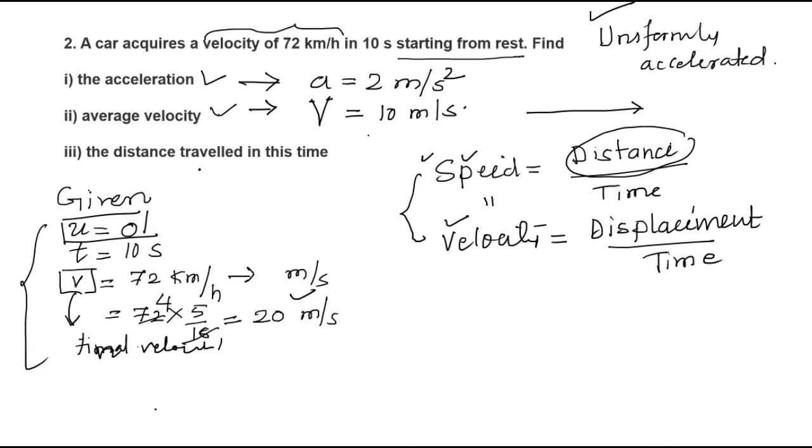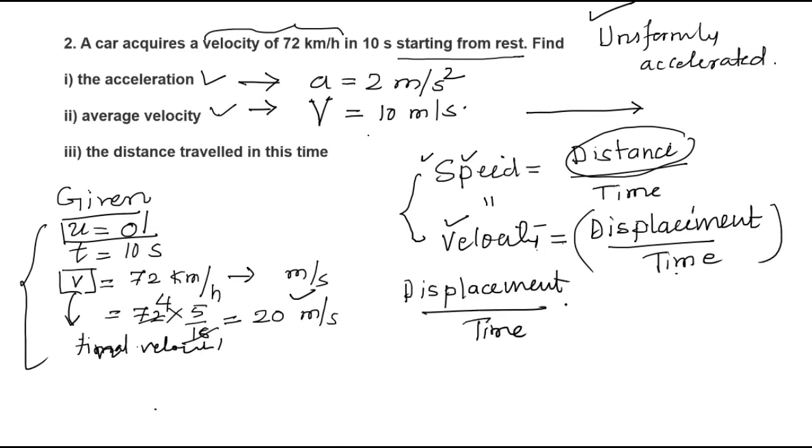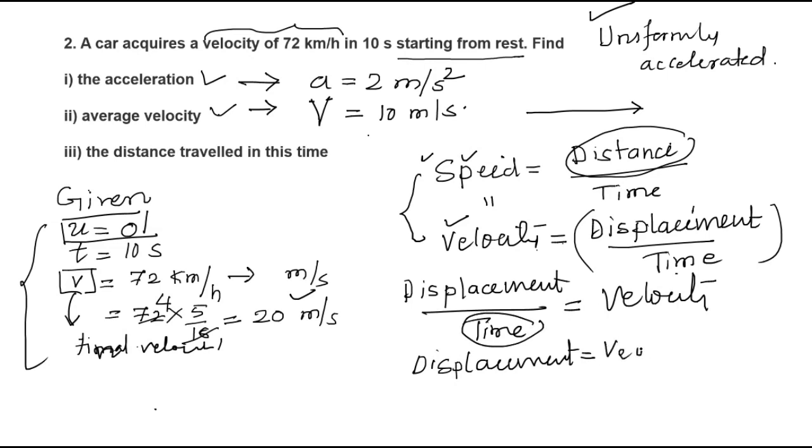So we can consider distance as displacement and speed as velocity in this problem. How to find the distance traveled? Velocity is equal to displacement by time. Displacement divided by time, let me go slow, is equal to velocity. Therefore, displacement is equal to, by cross multiplication, velocity into time. This is the actual distance we require for this problem. Which velocity is this?